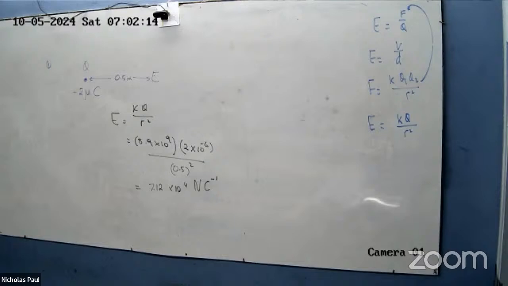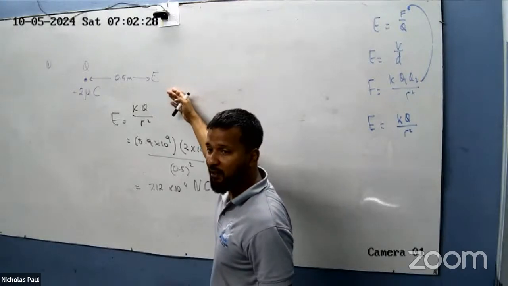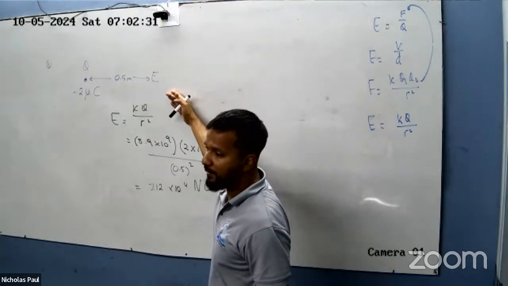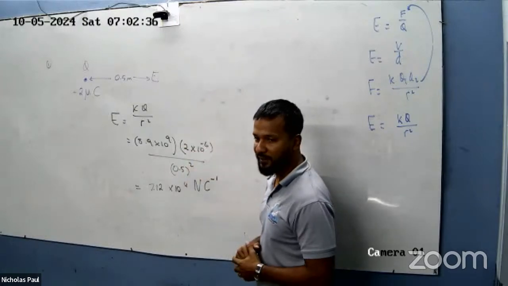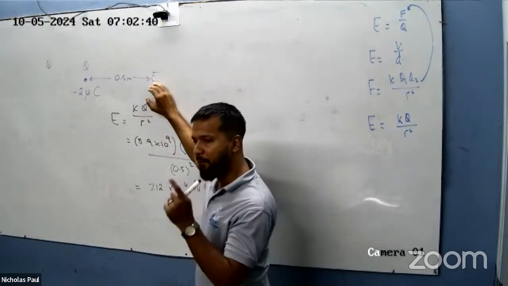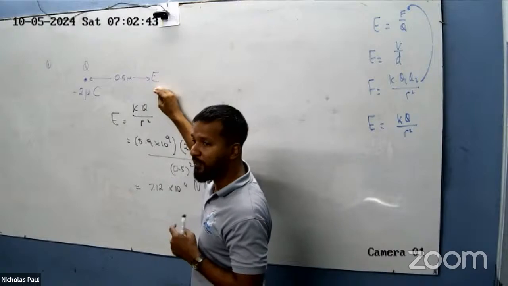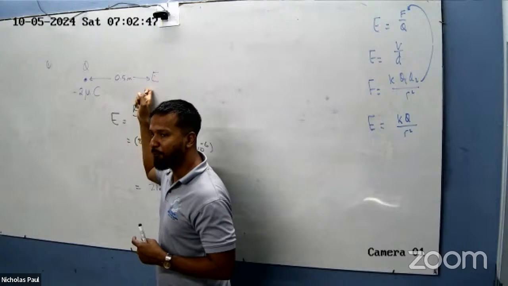Let's go again. What is the force? Oh, wait, sorry. Remember electric field strength is a vector, so I can't give you magnitude alone. What direction will it be acting in? Always think about it: the direction of the electric field is the direction in which a positive charge, if placed at that point, will move.